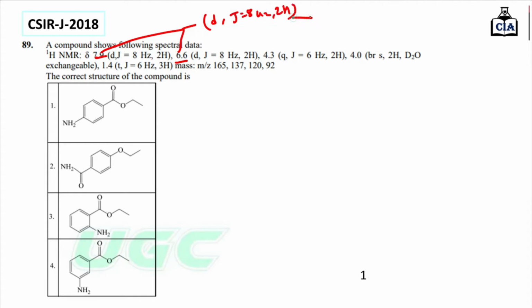This indicates that our compound is para substituted. So options third and fourth can be cancelled. Either option first or second might be correct. Now the next data, 4.0 broad singlet for 2 hydrogens, D2O exchangeable. This indicates that our compound has a free NH2 group. Look at the compound which has free NH2, this compound. So our option first is the correct answer.